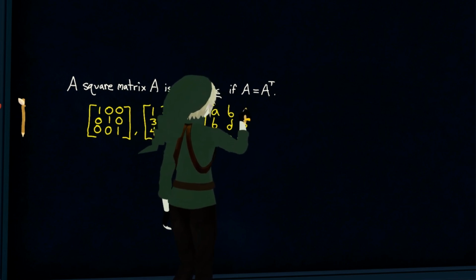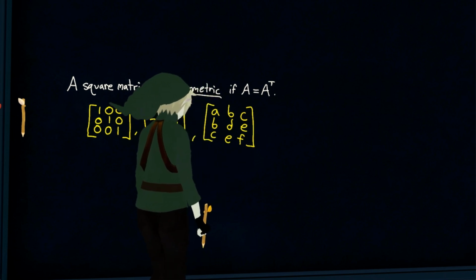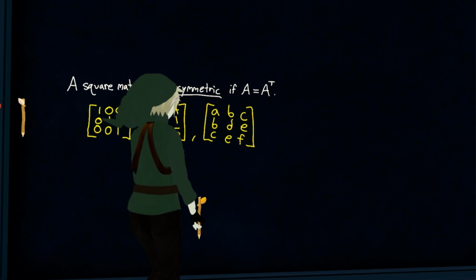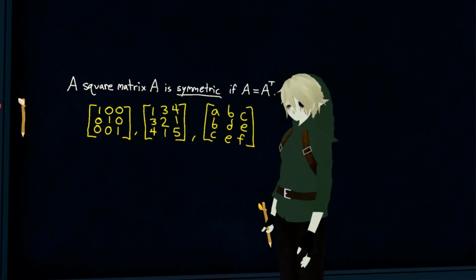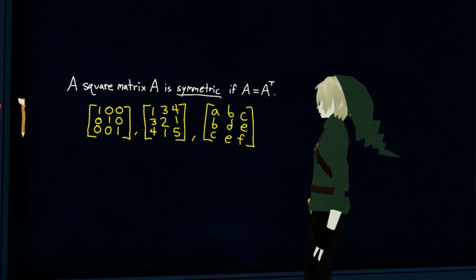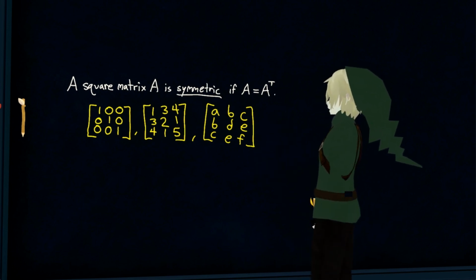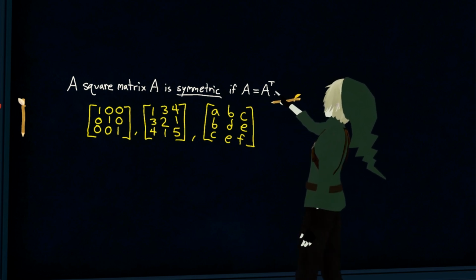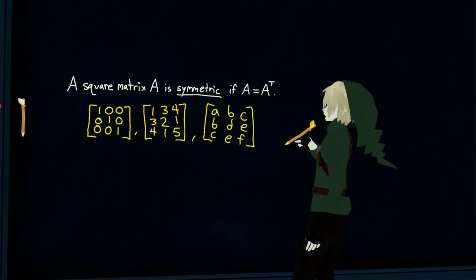Then F. This is our generalized symmetric matrix. Okay? And that's what a symmetric matrix looks like. So this is called a symmetric matrix. A square matrix is symmetric when A is equal to the transpose of itself.